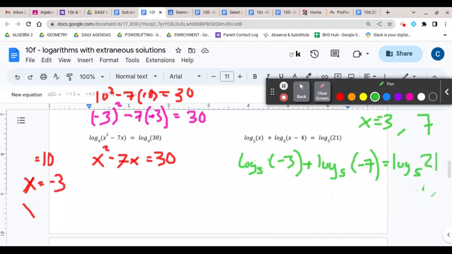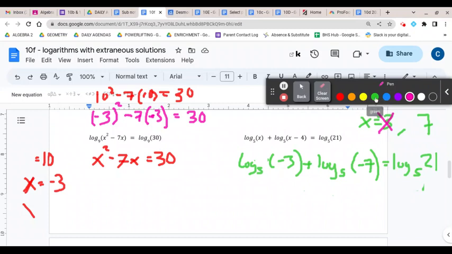Now on the surface that looks okay because the -3 times the -7 is 21. Problem is that we have log with a positive 5 getting to a -3 and a positive 5 getting to a -7, which we can't have. All right, we can't have that, so that scratches -3 out there because we can't have a positive base with a negative answer after it. It's impossible. Can't do it, as we sort of showed above.